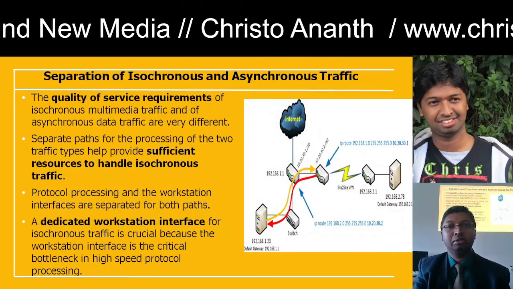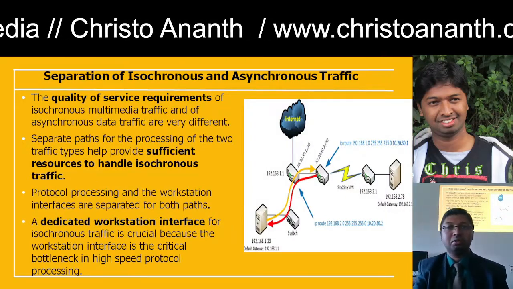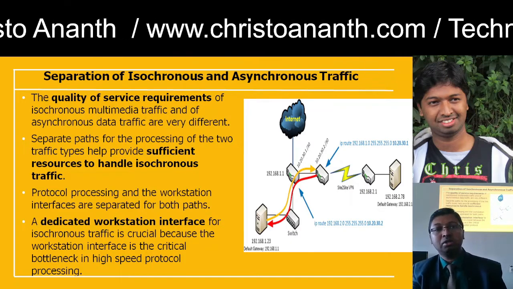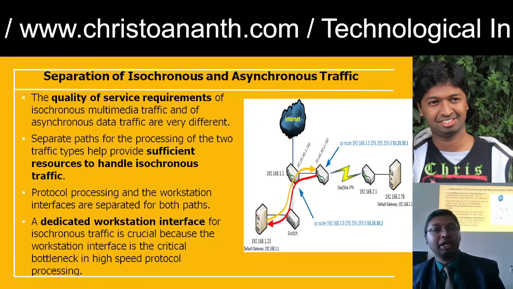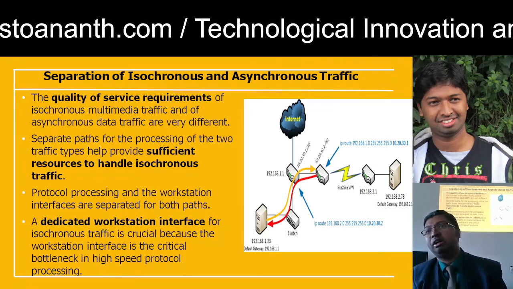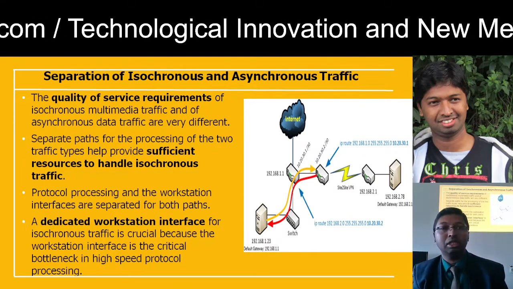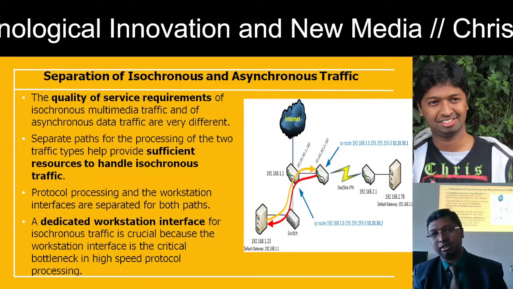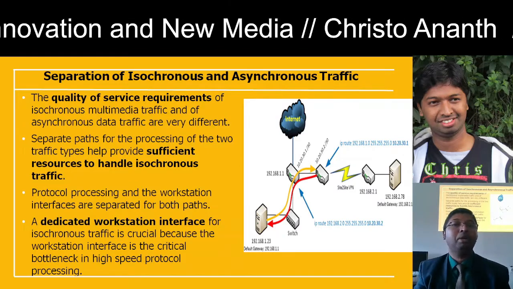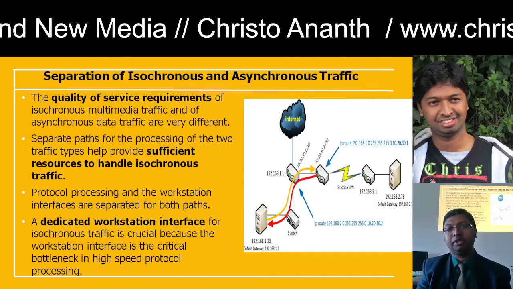So this is actually the separation of isochronous as well as asynchronous traffic. QoS is one such factor that has to be of major concern whenever you are dealing with isochronous as well as asynchronous traffic. So there has to be separate paths for the processing of the two traffic types.